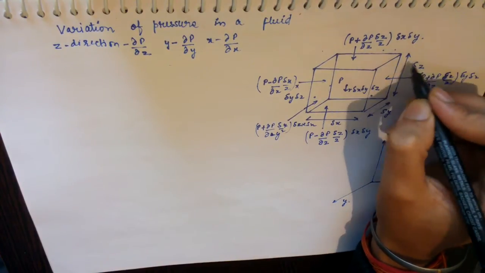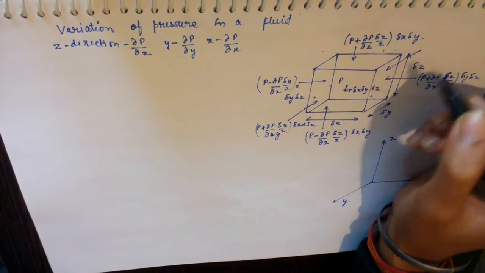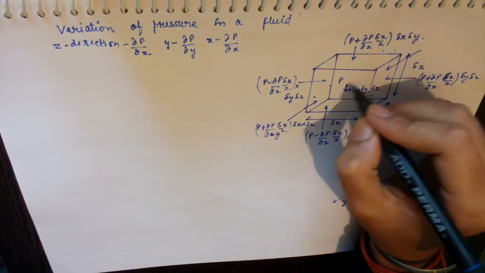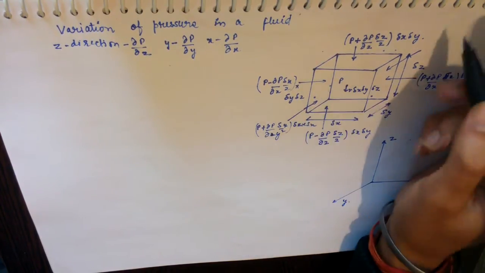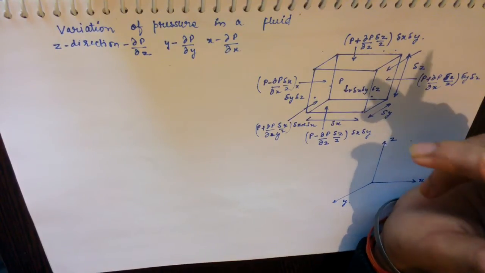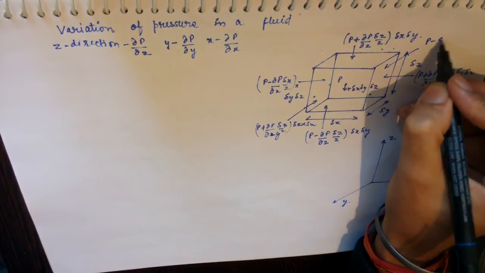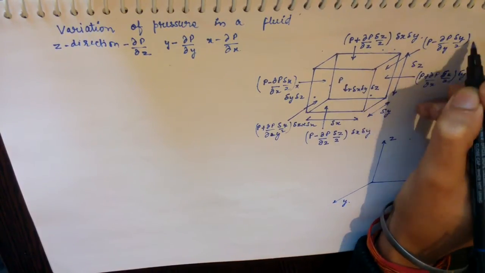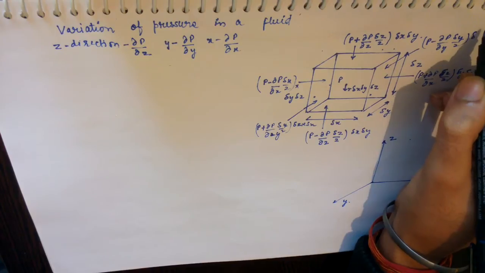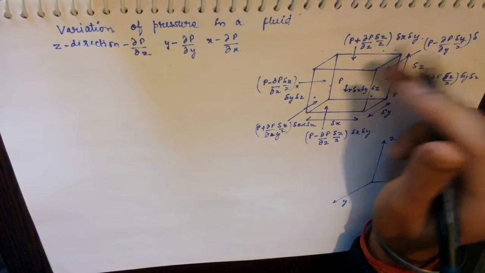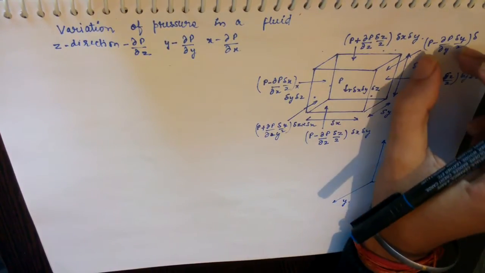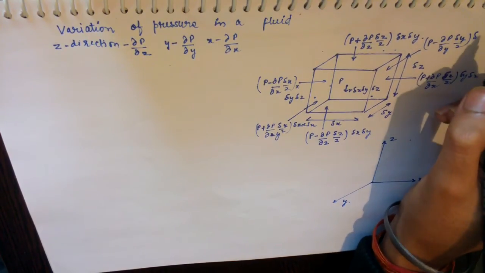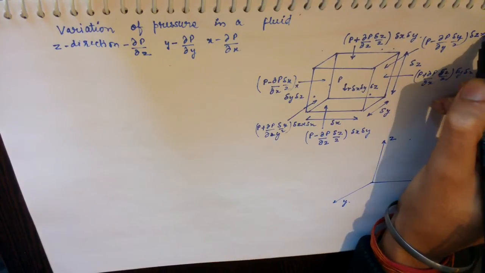Similarly, at the backward surface, we move in the negative y direction, so del p upon del y is negative. The pressure is p minus del p upon del y into delta y by 2, and the force is this pressure into delta z into delta x.